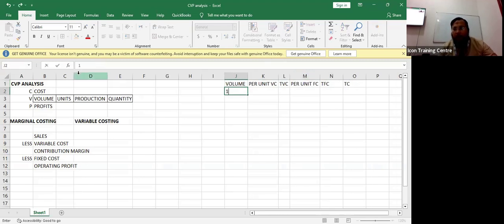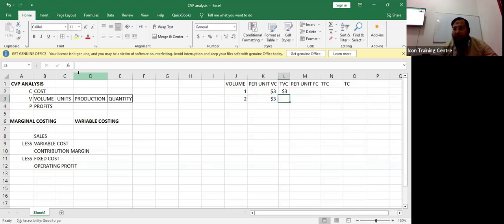So let us assume we are running a business. If we produce one single unit, our per unit variable cost is, let's suppose, $3. So how can we find total variable cost? We multiply this per unit cost with the units. That is how we find the total. Now we produce 2, and our variable cost per unit is 3.